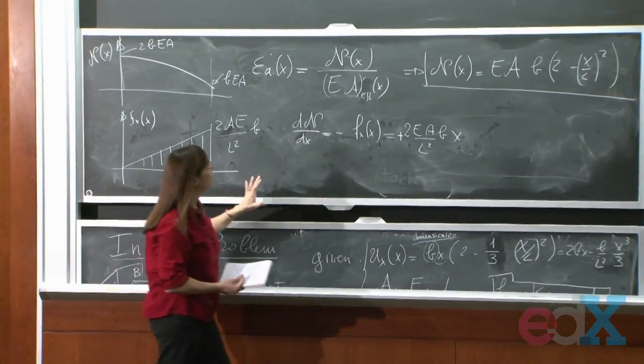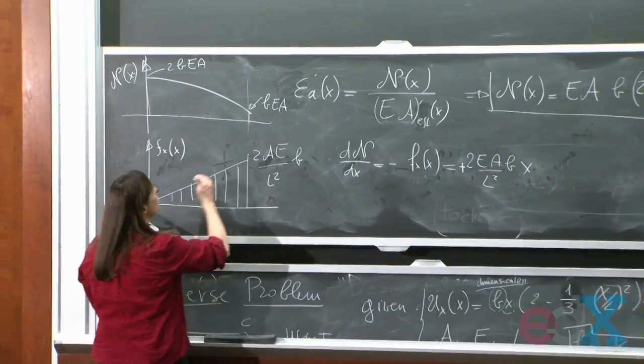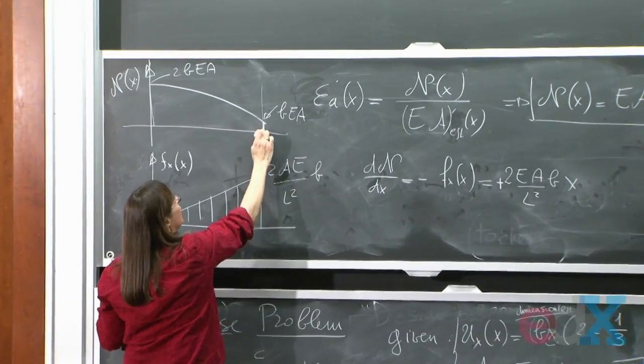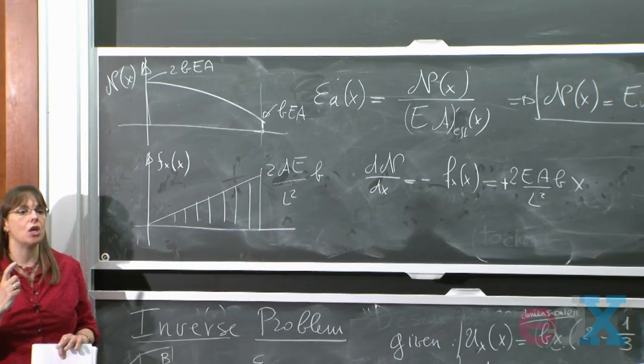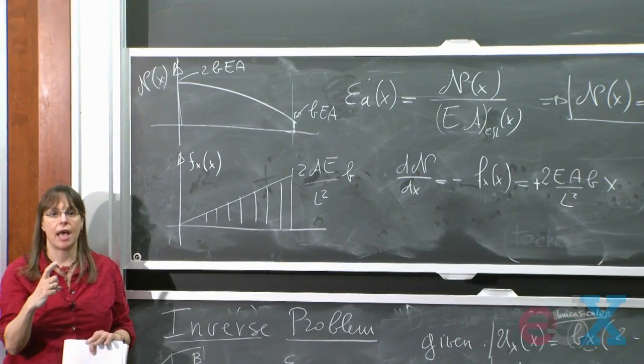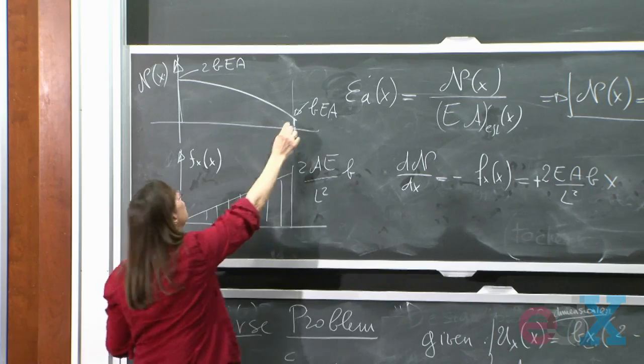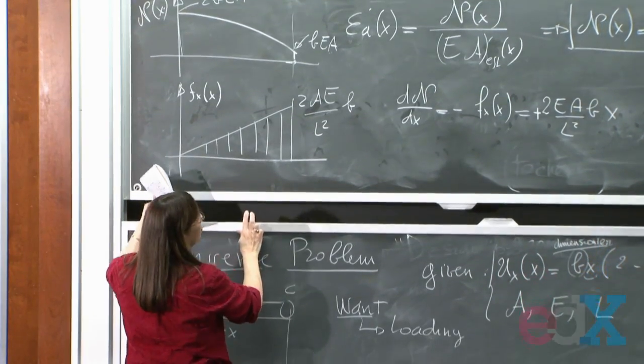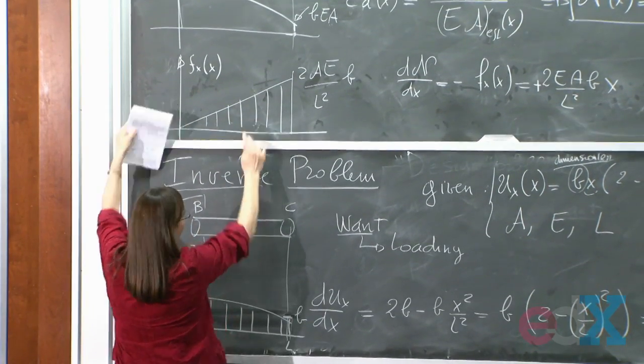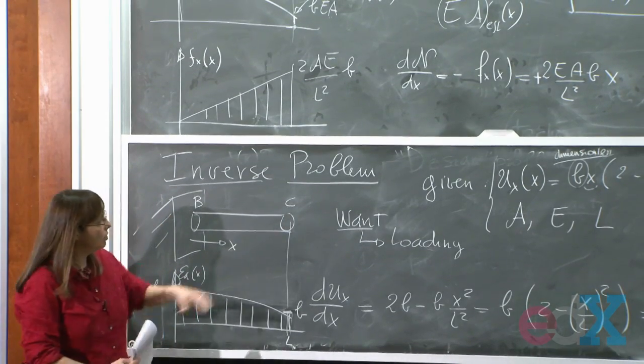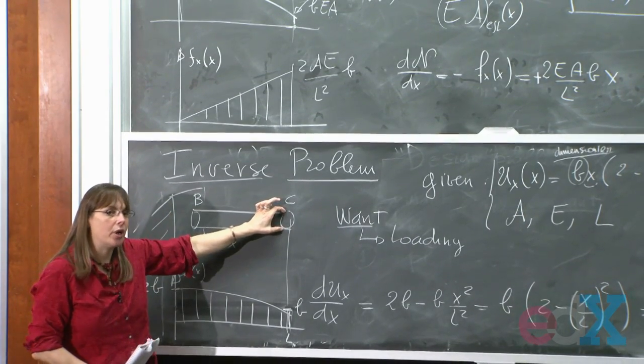Am I done? I am not done, because you see at the very end here, I had an axial load that was not 0. You see that? I have an axial load at the very end of the bar, right here, that is not 0. How does that work?